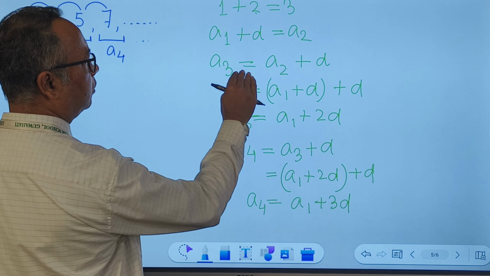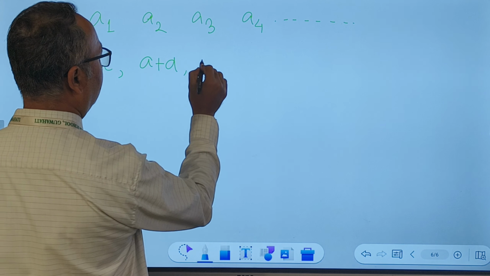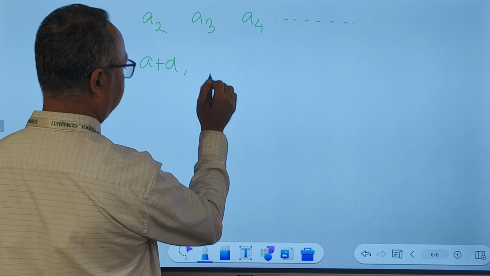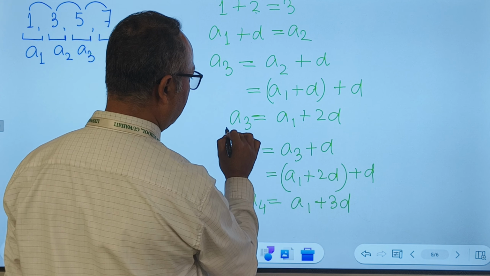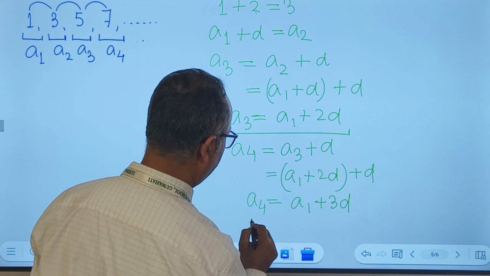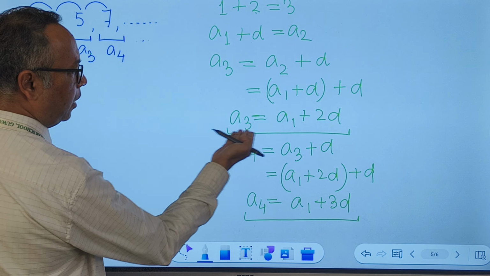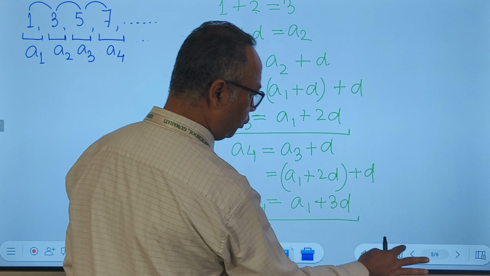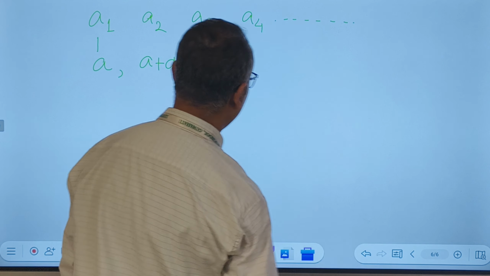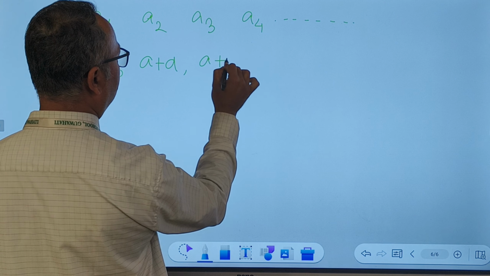Then the third term is A2 plus D. This third term we can write in this format also, A1 plus 2D, which means A plus 2D.